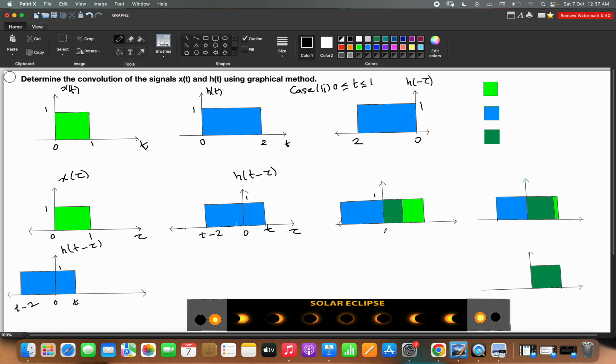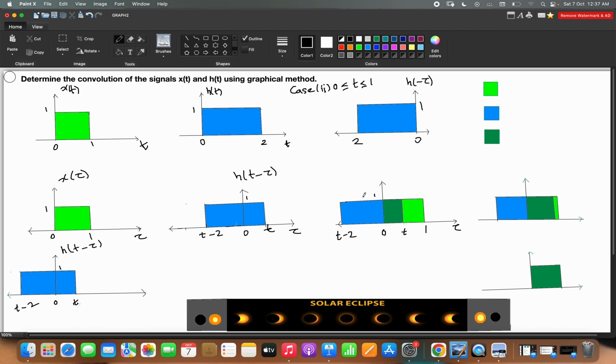And if you see the time values or tau values, you can easily identify what is happening in this. So let us consider this as your 1. Since t is less than or equal to 1, we are considering t to have a middle value, around 0.5. So let us consider a rough value for t, and this value will be t minus 2. If t is equal to 0.5, this value will be minus 1.5.